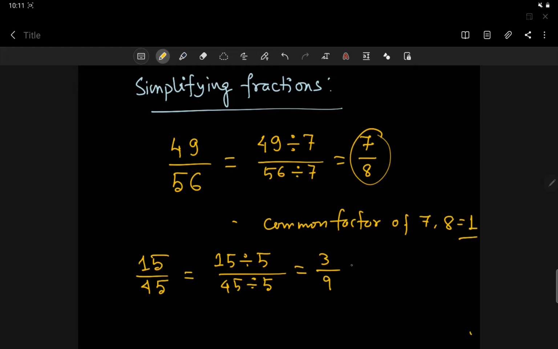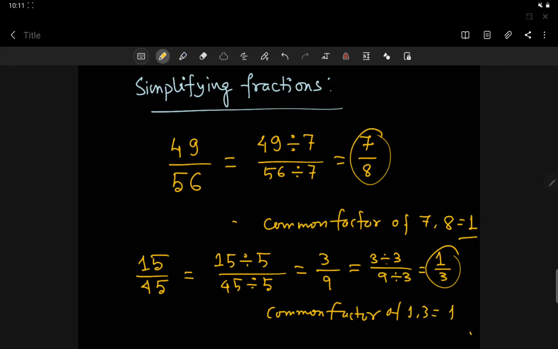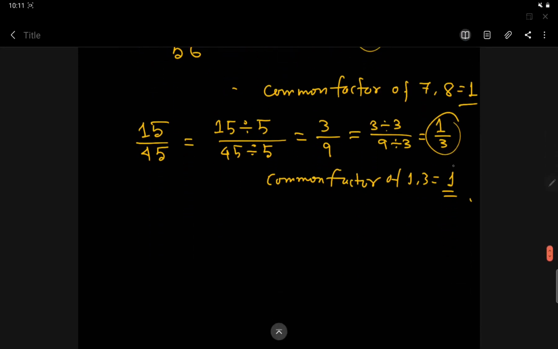You can also check that if you divide 3 by 3 and 9 by 3, you will get 1 by 3, and this is the simplest form of 15 by 45, because the common factor of 1 and 3 is 1. We find out till they have no common factor other than 1, so only the factor 1 will remain.